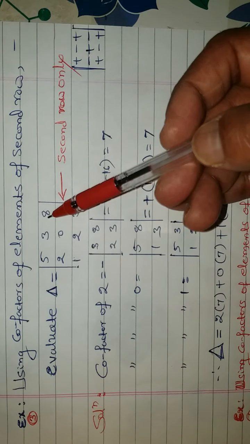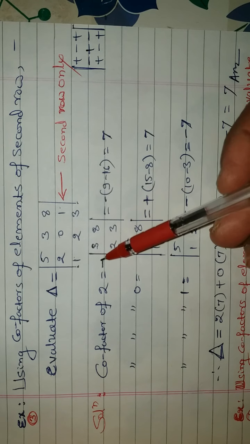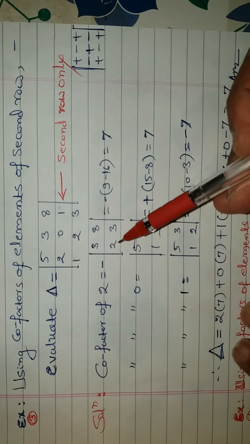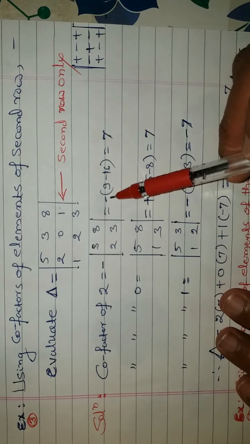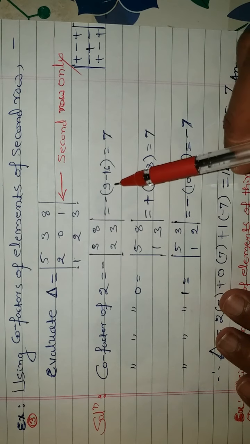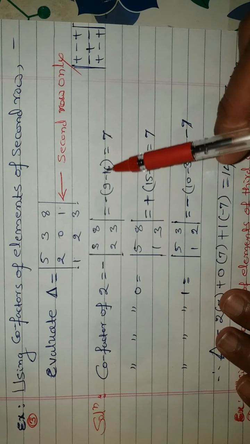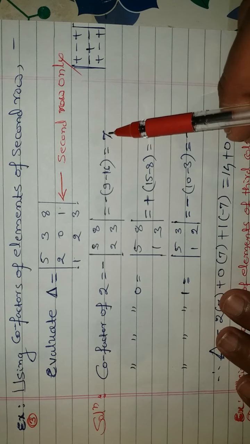What are the remaining elements? 3, 8, 2, 3, which is according to the signs by the rule to find the cofactors. That equals minus into 3 3s are 9 minus 8 2s are 16, minus into minus 7, minus of minus equals plus 7.